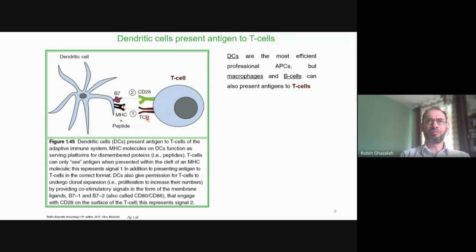For activation of the T cell, also, we need a second interaction, and this interaction is between a stimulatory ligand called B7, and it's also called CD80 or CD86. And you find this is common in immunology, that molecules on the surface of the cell have more than one name.